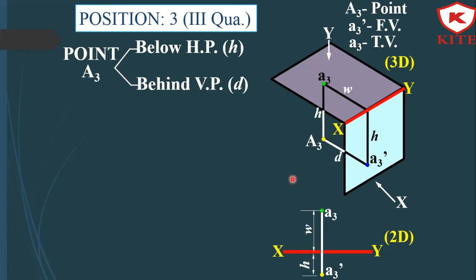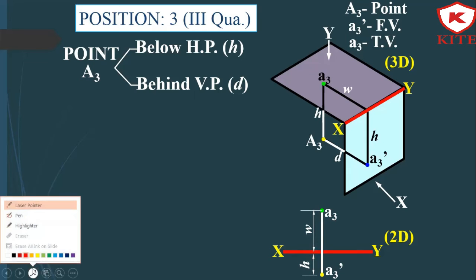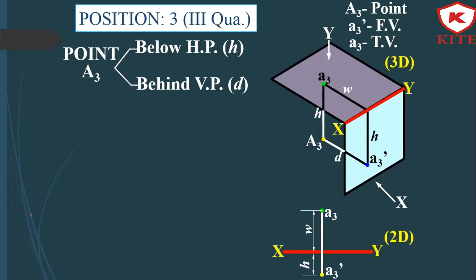Here is the width or distance, both are the same. A3 is above and A3 dash is below.